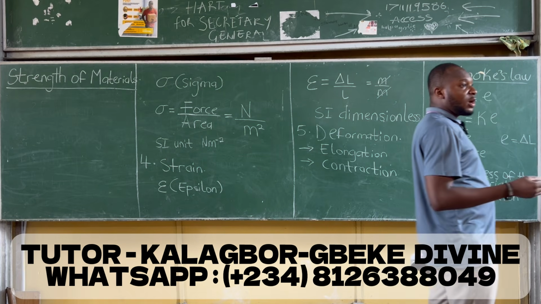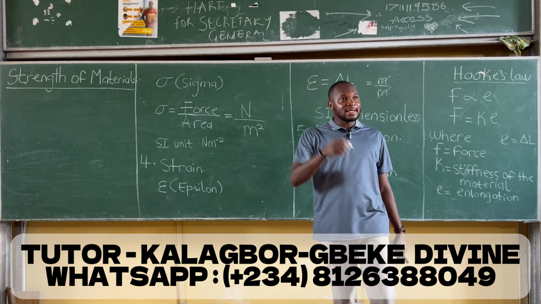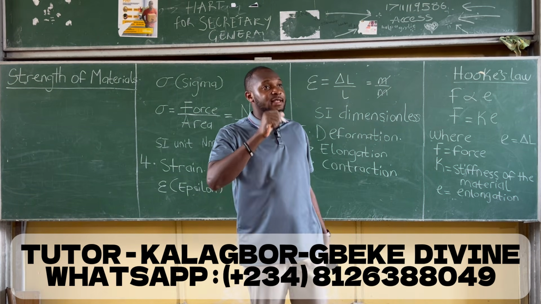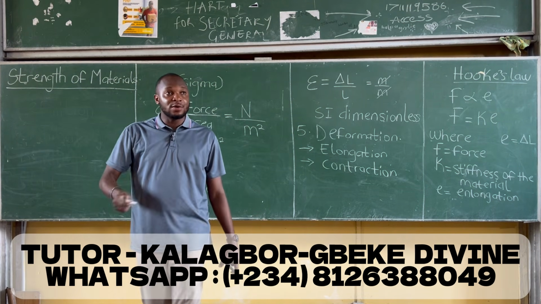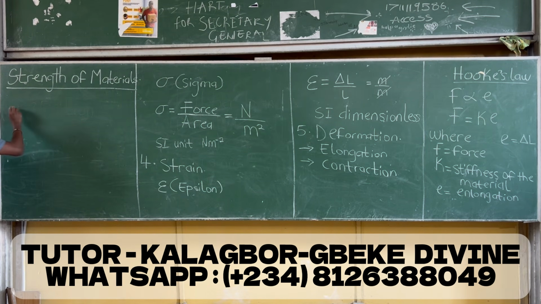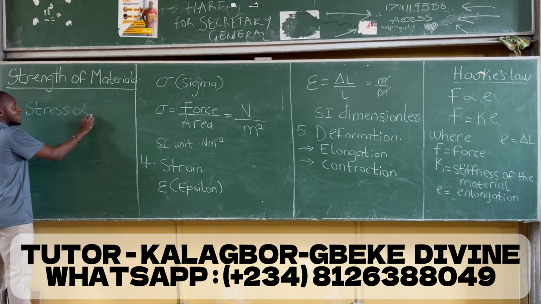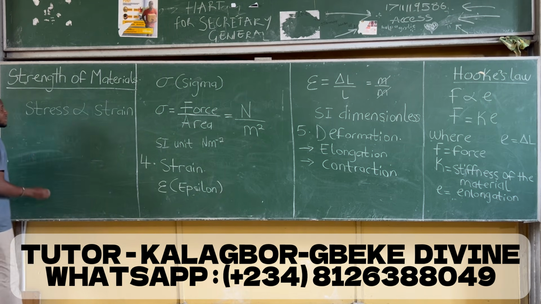Now, in terms of stress and strain, Hooke's law states that the strain of a body, or the deformation of a body, is due to the stress applied on that material. So just write: strain is proportional to the stress applied on a body. The definition is reversed, but if you write it mathematically, stress is proportional to strain.